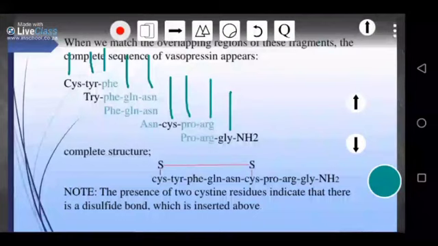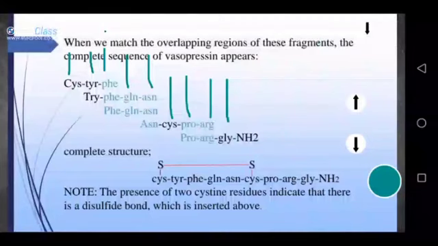It is just an amine group. So there are 9 amino acids as expected, because at the beginning they gave us a hint that it is a nonapeptide. So we are assured that what we're doing is correct after counting.